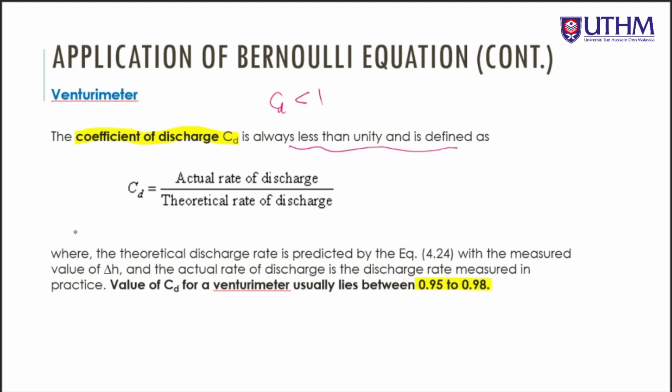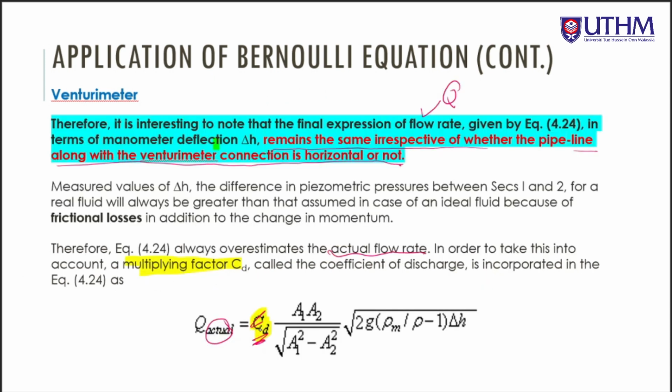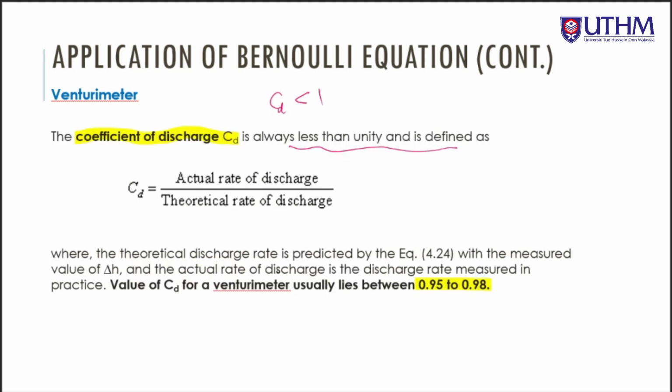Okay, so ini sebenarnya adalah dari sini juga kan. Bila kita keluar, ini adalah Q actual, ini adalah tadi apa, Q ideal kan. So nak dapatkan CD is equals to Q actual over Q ideal lah kan. Q actual over Q ideal ataupun the theoretical.